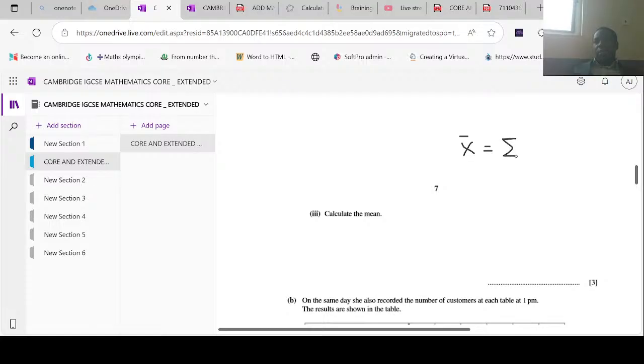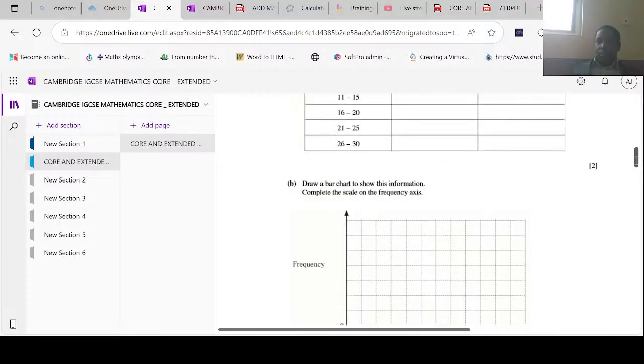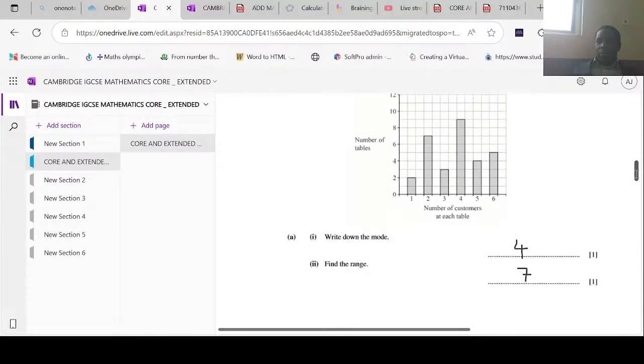It means you sum up the frequency times the score. The score is usually represented as x. Then you divide it by what? The cumulative frequency, summation of f. So it is always good to draw a table to do your calculation so that there won't be any mistake.